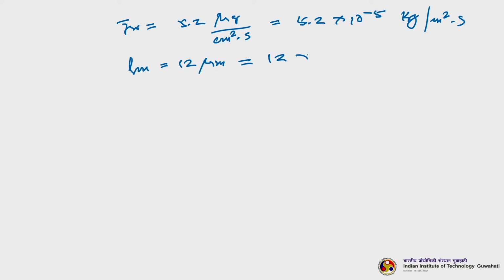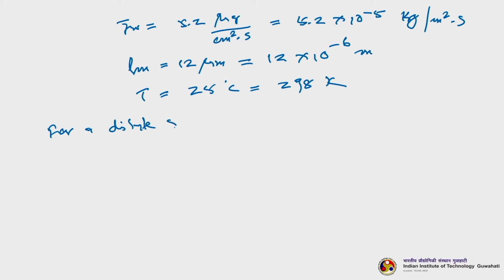So, 12 into 10 power of minus 6 meter, just converting everything in terms of meters and kilograms so that there will be unit consistency, and temperature T is given as 25 degree centigrade, which equals 298 Kelvin. Okay. So, for a dilute solution, you have to see the V. Molar volume of water V1 equals 18 centimeter cube per gram mole.